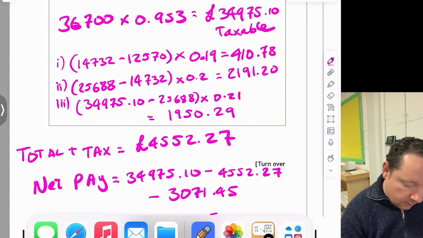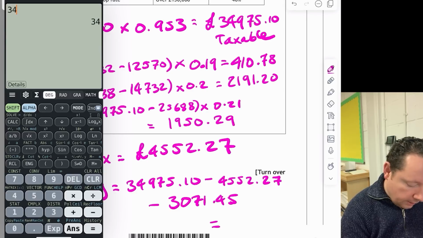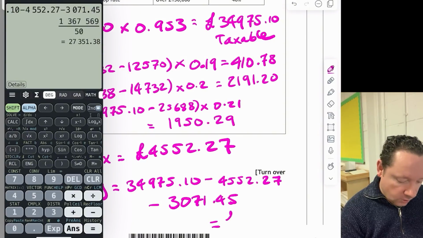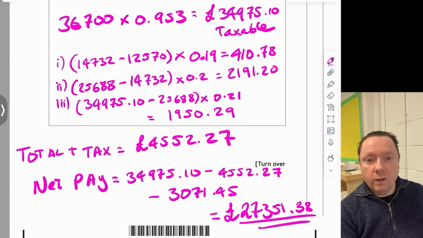So getting the calculator and being careful to put everything in right. 34,975.10 minus 4552.27 minus 3071.45 equals 27,351.38. So pound sign 27,351.38.